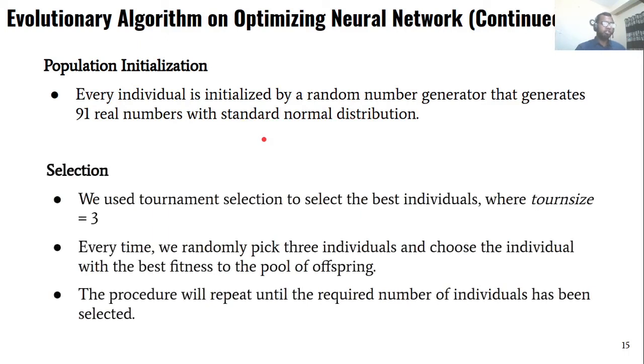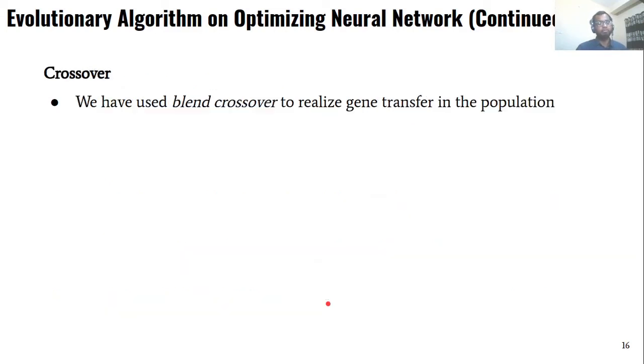In the selection process, we used the tournament selection algorithm where our tournament size parameter was 3. That means every time we randomly pick 3 individuals and choose the individual with the best fitness for the pool of offspring.